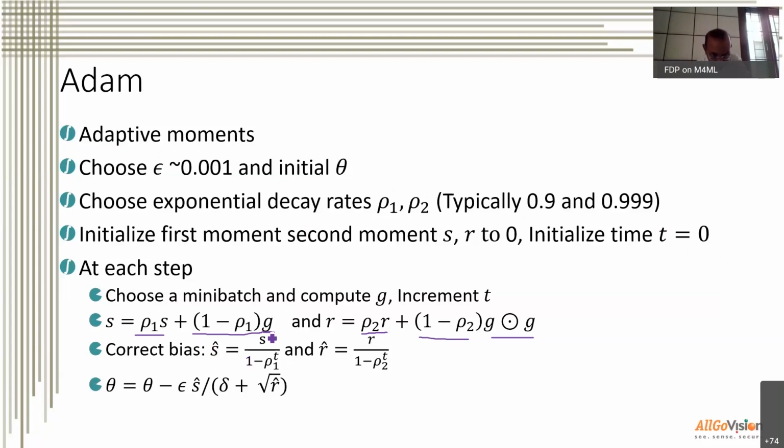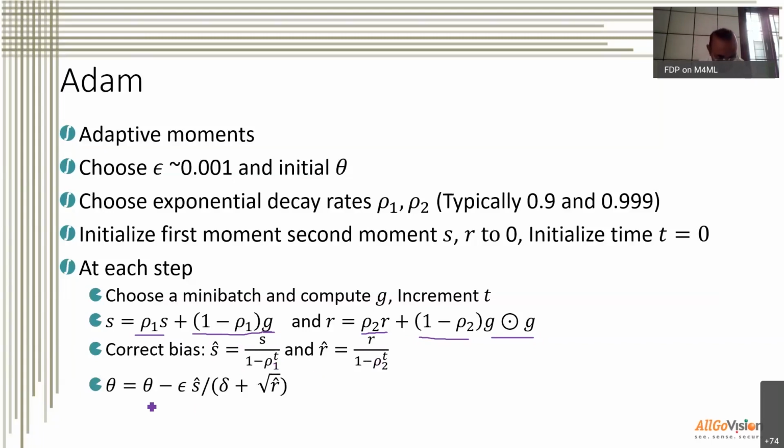This is called the bias problem, and I correct the bias by taking S cap as S divided by 1 minus rho 1 to the power t. For t equal to 1, the first iteration, S was 0, so updated S is 1 minus rho 1 times G, divided by 1 minus rho 1. That becomes simply G. Similarly, R becomes simply the pointwise G square. This is how the term is used.